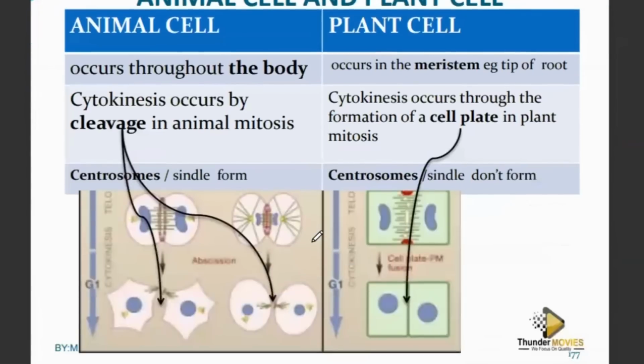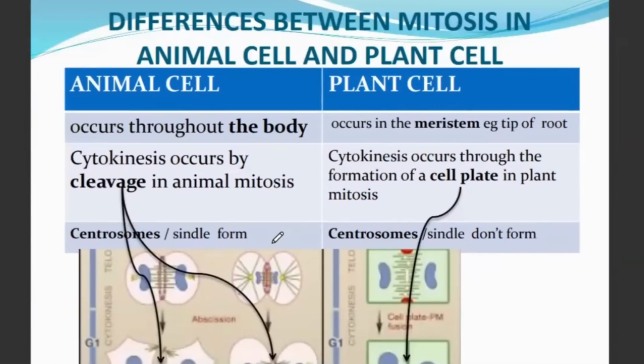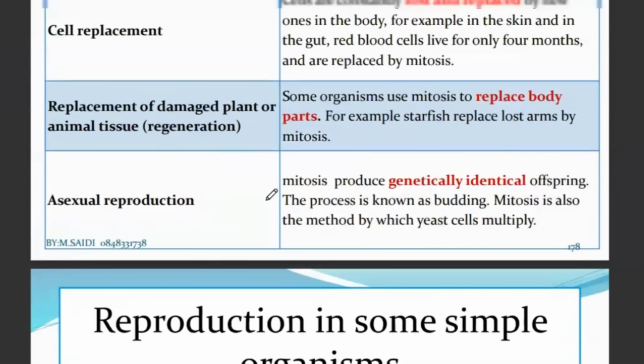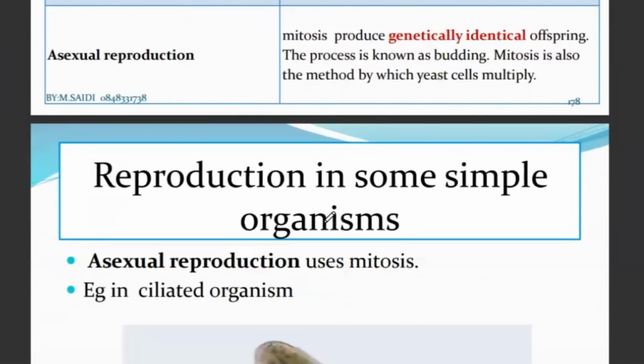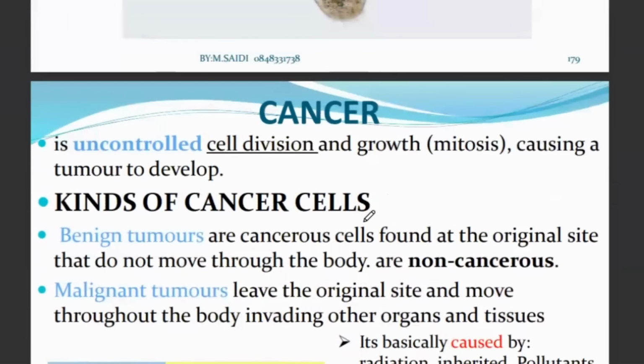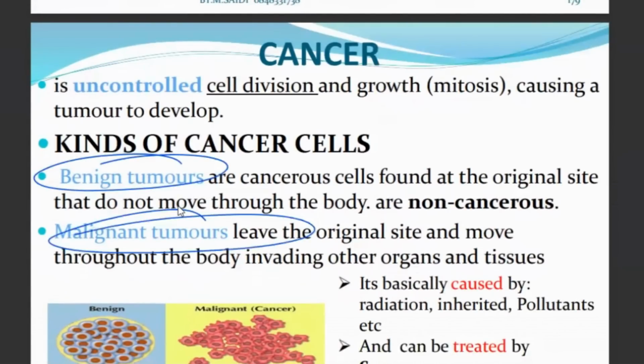Then here, when it comes to differences between plant cell and animal cell, in terms of mitosis, what is the difference? And then meiosis and mitosis. Basically, that's not big, but cancer, yes. Cancer is very small, but know these two types of cancer, which one is which.